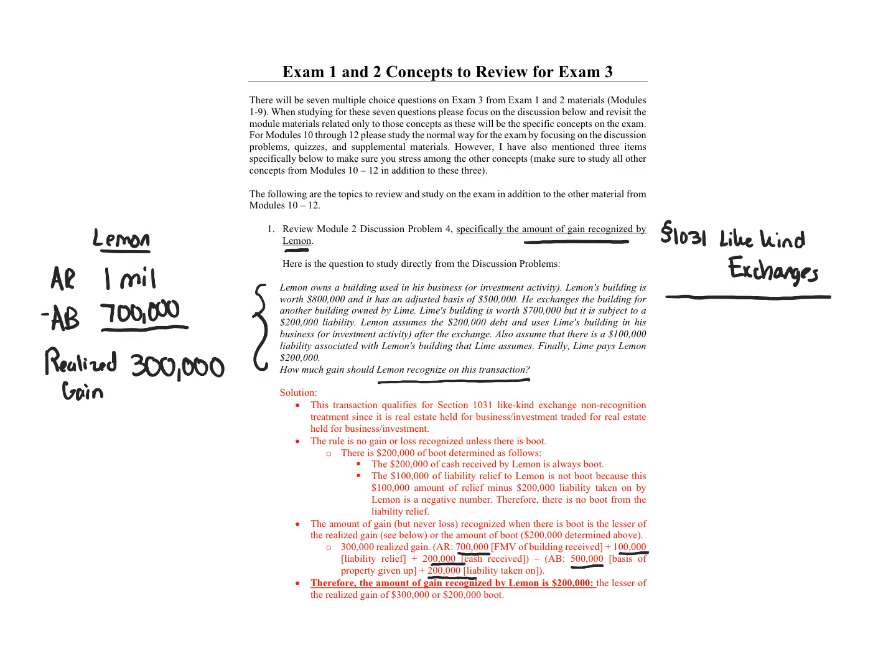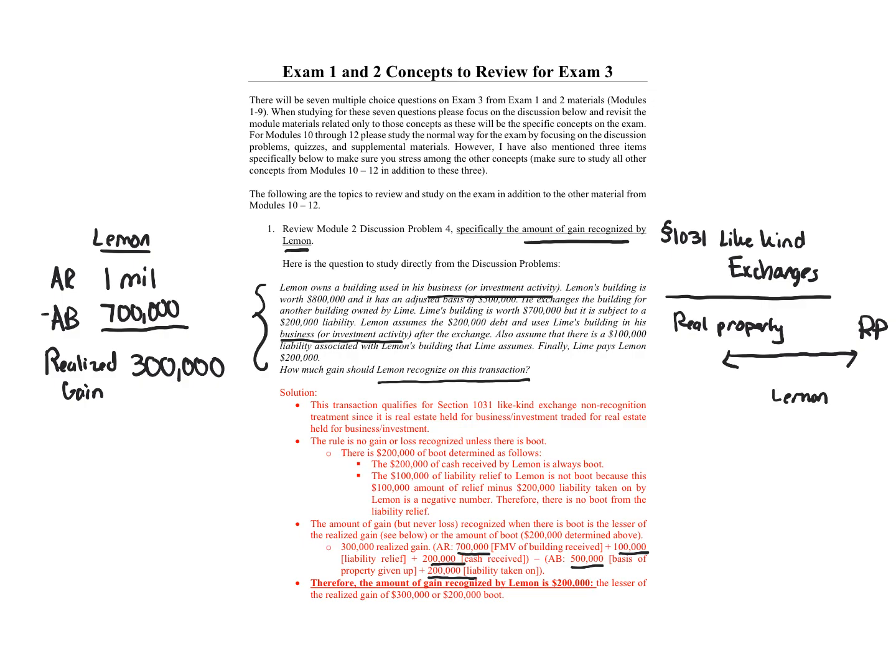Remember, if you have real property that's traded for other real property, and real property is land and everything attached to the land, so land and buildings, and on both sides the taxpayer, Lemon here, is going to hold the property as business or investment, and we're told that in the problem. Lemon gives up business or investment property and gets business or investment property. That's key. Then you qualify for like-kind exchange non-recognition treatment.